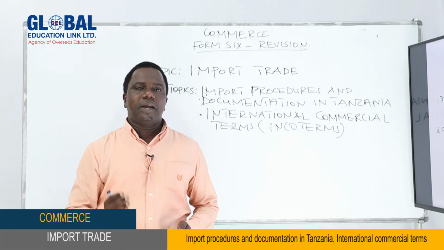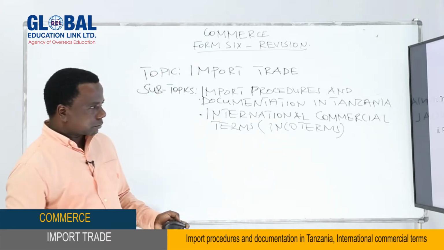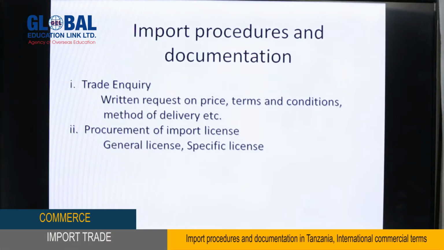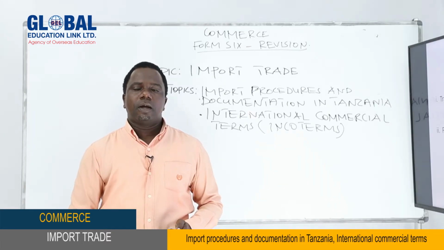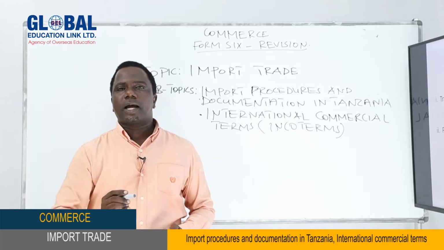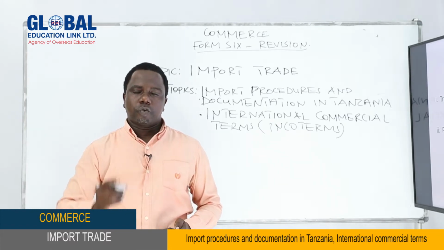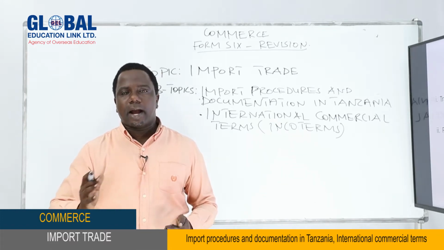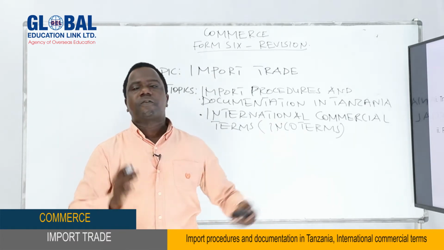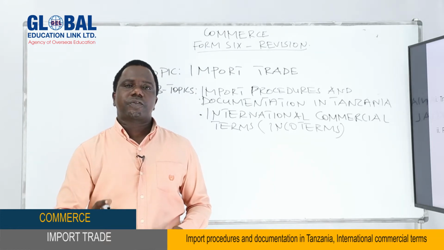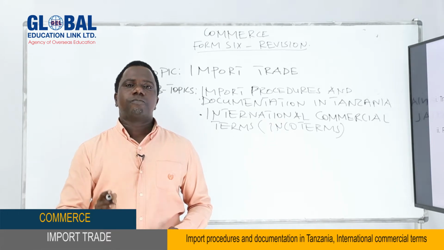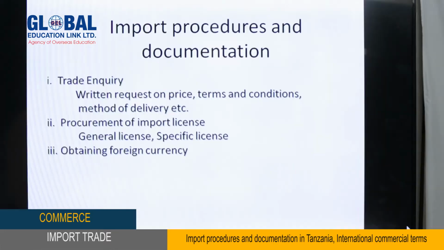The license can be either a general license or a specific license. A general license means that when you are given such a license, an importer is allowed to import goods from any country. But when you are given a specific license, it means you will be allowed to import goods from specific countries.